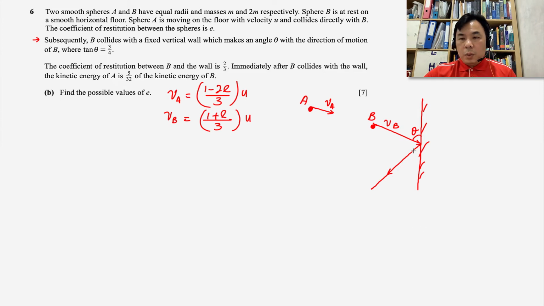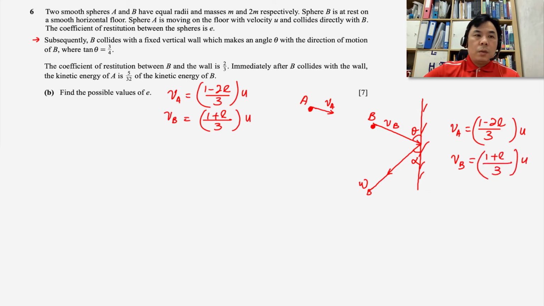Most probably it's going to make some angle at this point. It will have a certain speed here. I'll just label it as WB itself. This is how it looked from that perspective after collision. All right. So I hope that is clear. I think I'm going to transfer the VA over this side so that we can just use it as a reference rather than putting it there. And then VB is 1 plus e.